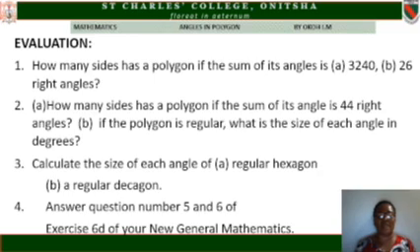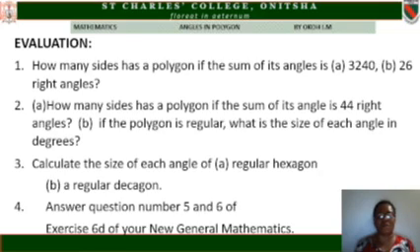Then number 3, calculate the size of each angle of a regular hexagon. You find the size of each angle. Then B, a regular decagon. You solve it and get the size of each. Remember that it says each, not the sum.